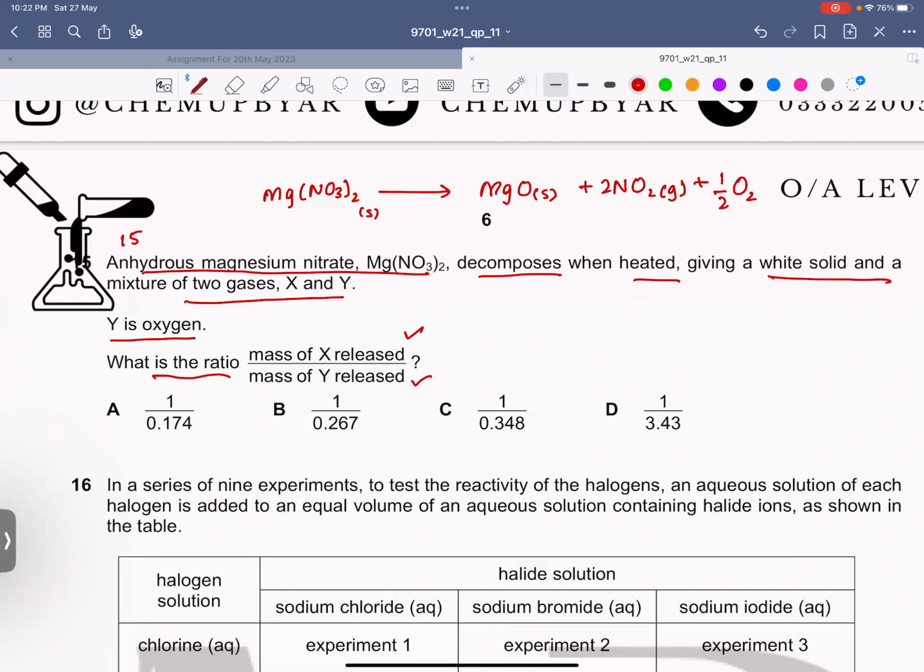So 32 and 14 gives you 46, times 2. There is oxygen, the Mr of the oxygen molecule is 32 and it's half times 32, which makes it 16. So 46 times 2 gives you 92 is to 16.